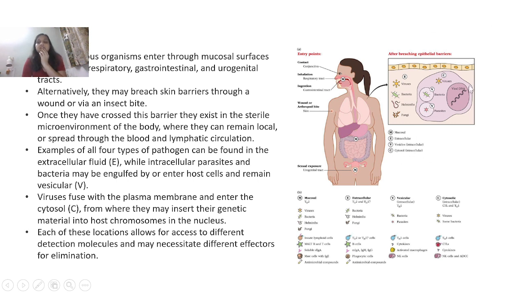After breaching of the epithelial barriers, the virus can be in the cytosol, or they can be in the extracellular fluid also. The bacteria can remain inside the vesicles. The helminths and the parasites can also reside in the vesicles.